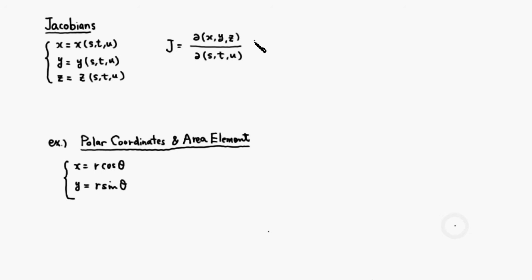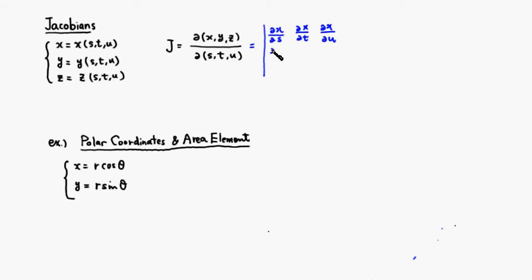This is just going to be the determinant of a kind of strange matrix. We take the partial derivative of x with respect to s, to t, and to u, so we take the partial derivative with respect to all three variables.